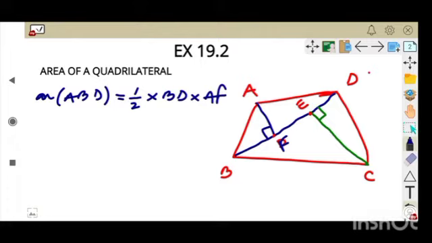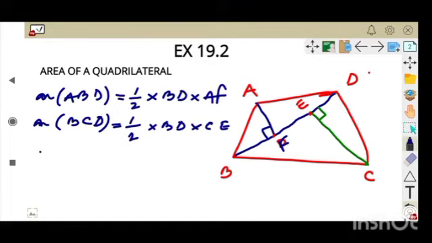Next, let me find the area of triangle BCD. For this, we write half into, the base is BD and the height is CE.